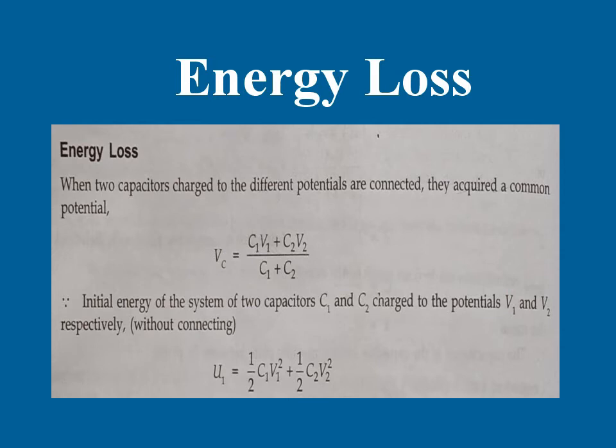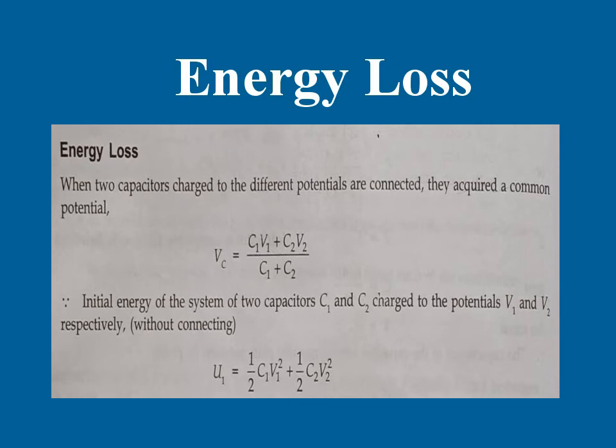When two capacitors charged to different potentials are connected, they acquire a common potential, which is given from the previous slide. What is the formula of common potential? Vc equals C1 V1 plus C2 V2 upon C1 plus C2. Now here we find the value of energy. From the previous slide, you know the formula for energy: U is equal to half CV square.